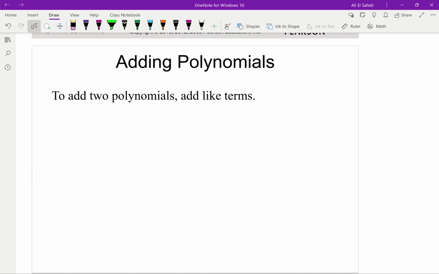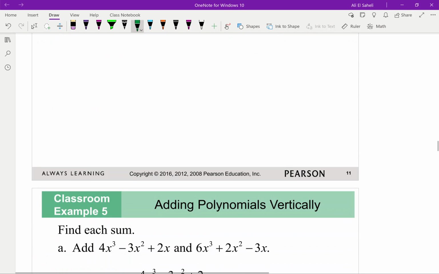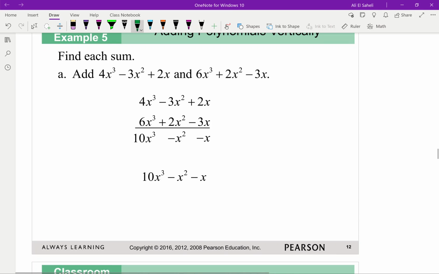We add polynomials by adding the like terms. For instance, if you want to add this polynomial to this polynomial, you look at the like terms. So this cubed can be added to this. This square can be added to this square.